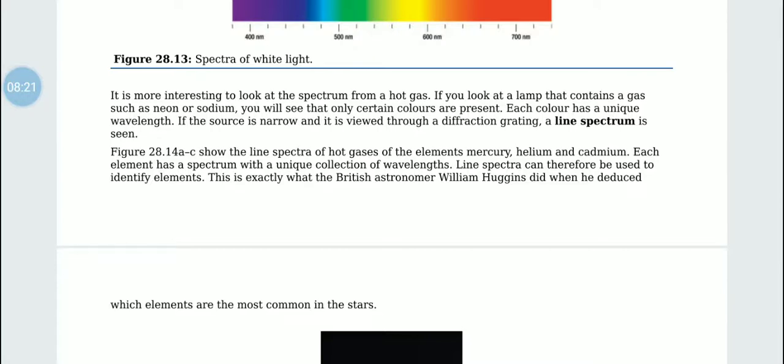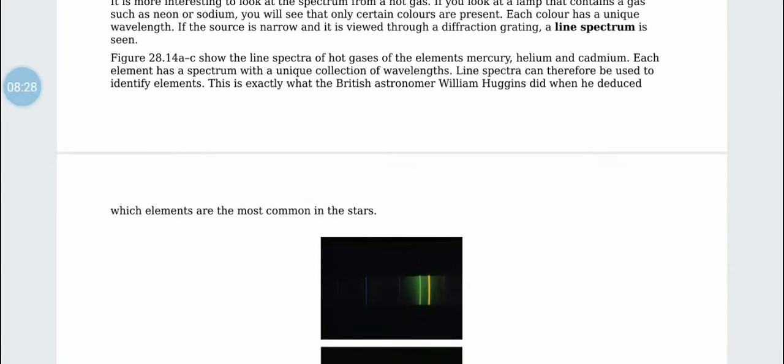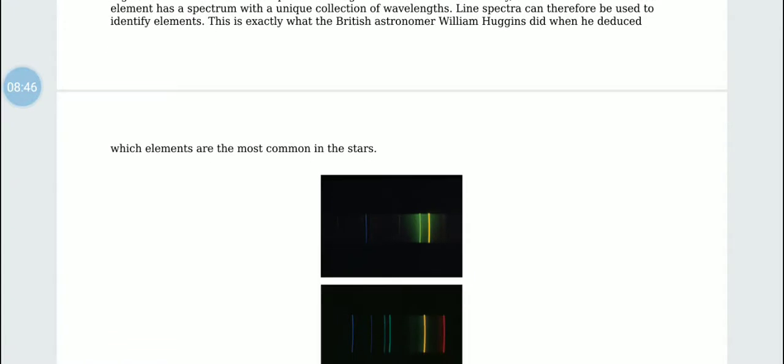When observed through a diffraction grating, a line spectrum can be seen, which can be used to deduce what gases are present in stars, because each has a unique collection of wavelengths.